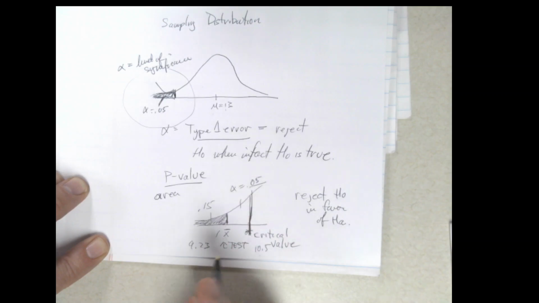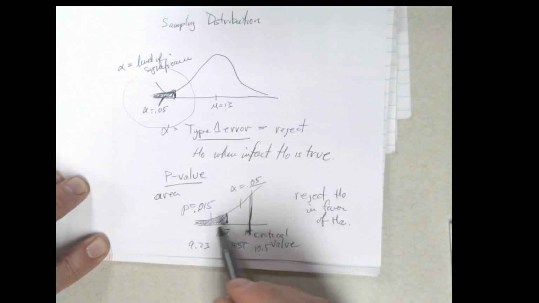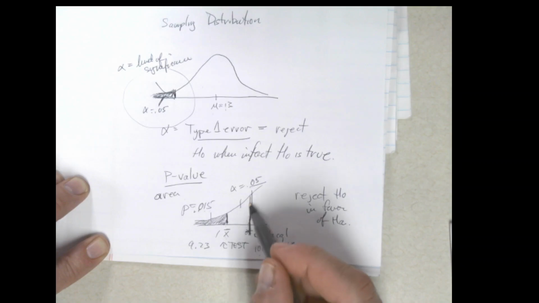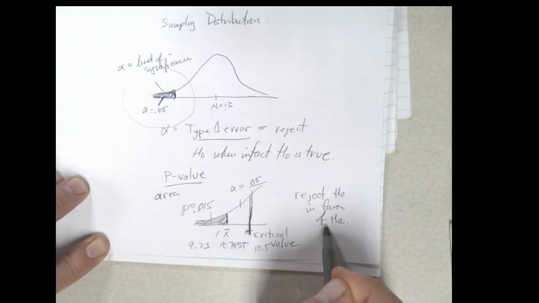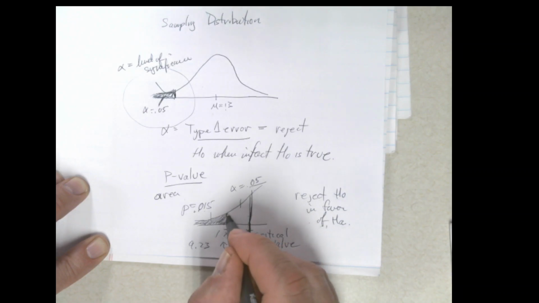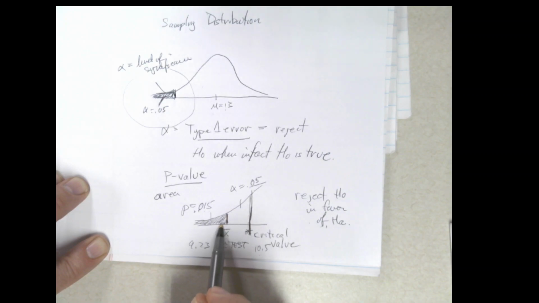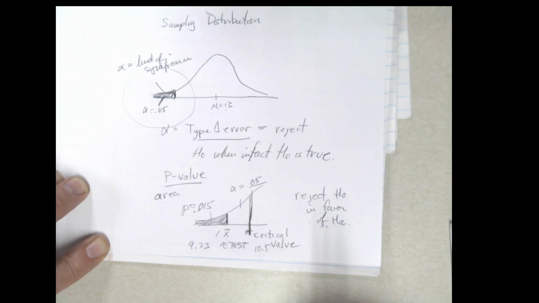My p-value is equal to this area, which is 0.015. Since that's less than 0.05, if the area caused by the test statistic is less than the area of the whole region, then you're going to reject H0. I hope I didn't screw you up there. That's what the p-value is, the area calculated by the test statistic. It's basically the probability that I get a test statistic of that value or one that's less. And these would all reject H0.